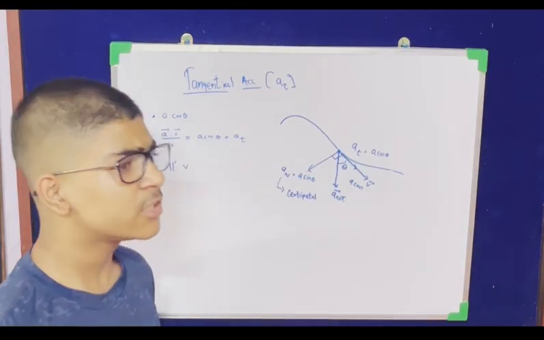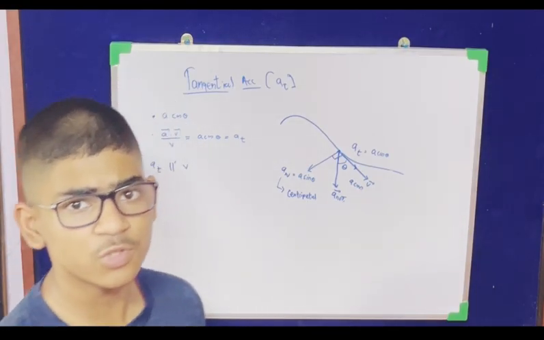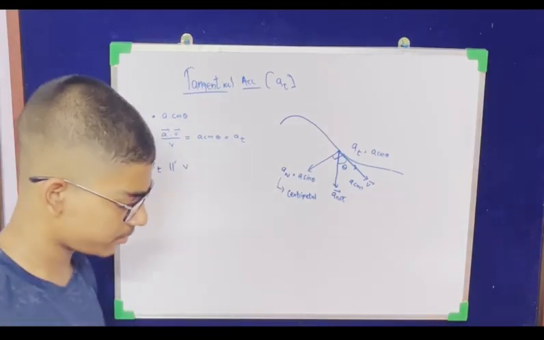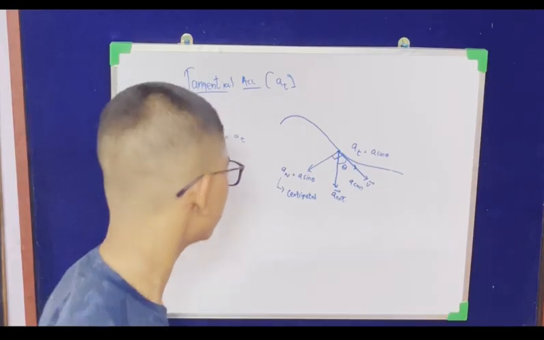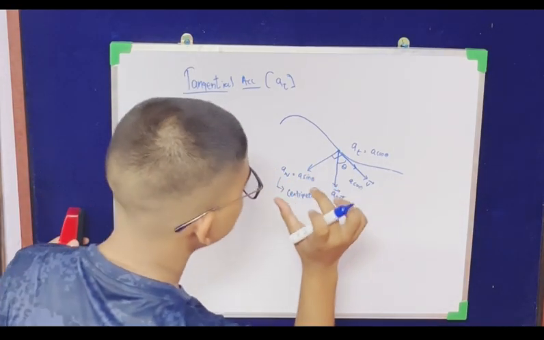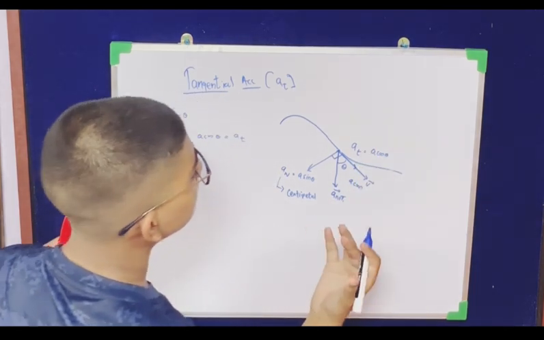Whenever there is a force there is an acceleration, because force is equal to mass into acceleration, from Newton's second law of motion. So in this case there is an acceleration and a velocity. What is the cause of this acceleration?